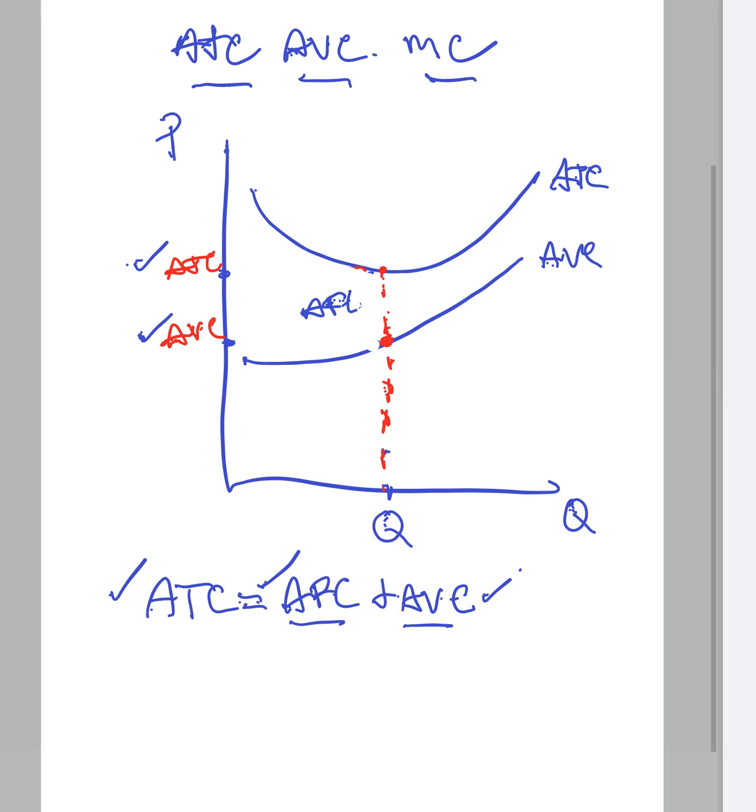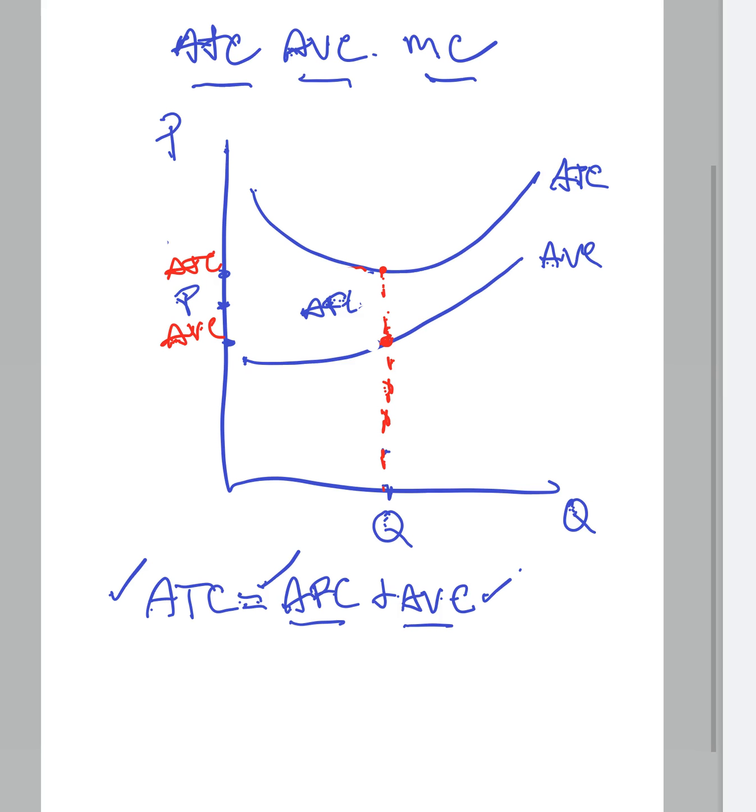Now, I'm going to go back to my pen. And let's pick a price. Let me just get rid of this and this. Look, now things look a little cleaner. Let's pick a price right here.